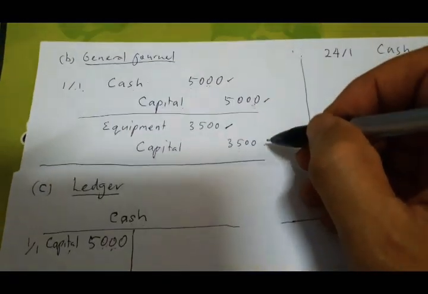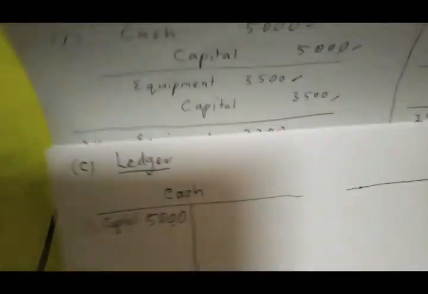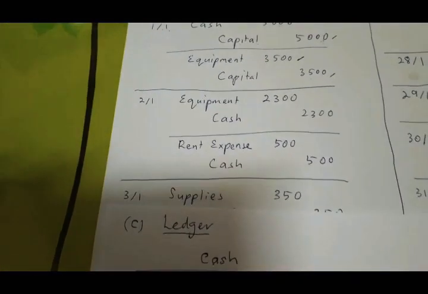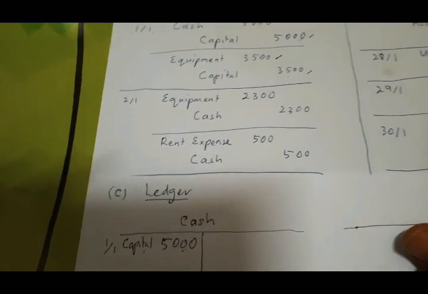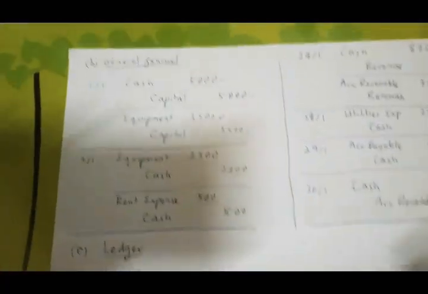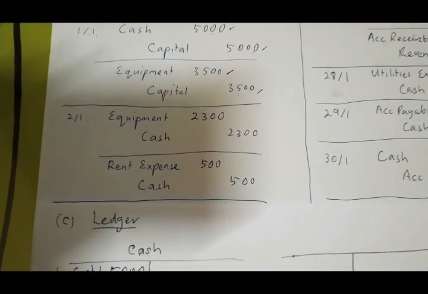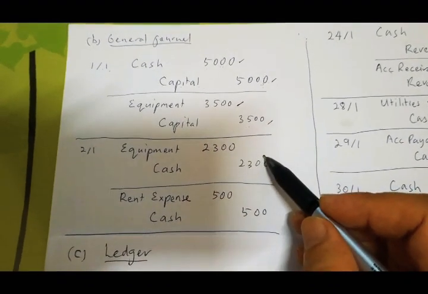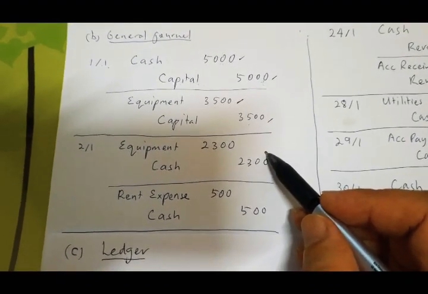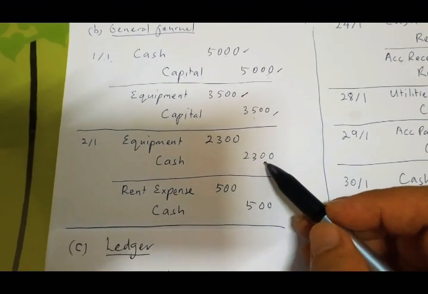Okay, now we have to do the next transaction, the next journal entries. Okay, 2nd of January, debit account equipment 2,300.